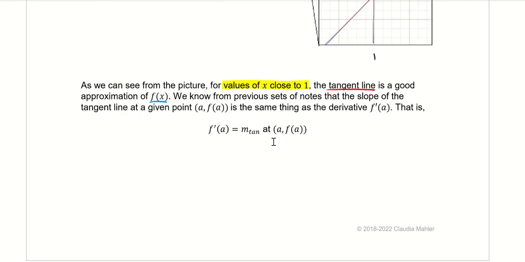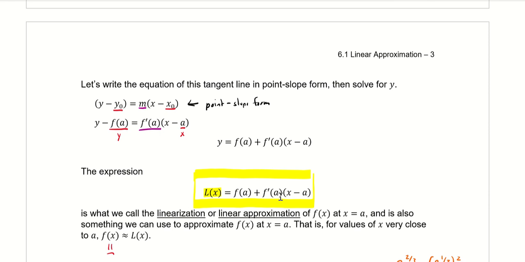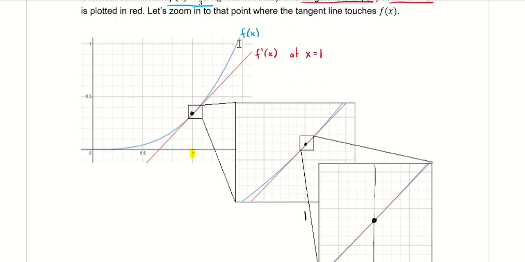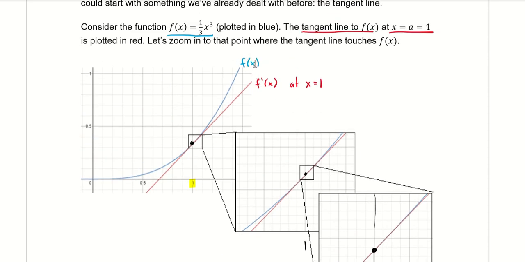And we can use the tangent line to get a pretty good idea of how the function is behaving near 1. So if we wanted to plug in, I don't know, 1.2 into our function, but for one reason or another that's difficult to work with, we can instead figure out what the function's tangent line is doing at 1.2, and that would give us a relatively good approximation of the function's behavior at 1.2.